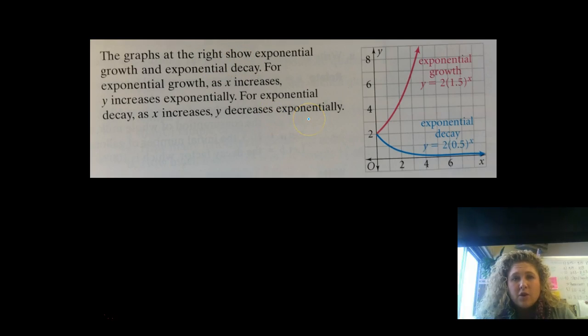This graph shows exponential growth and decay, but we're talking about growth. So understanding that our graph of this equation that we're working on today is going to continuously increase, okay? And with exponential, it's going to increase rapidly or decrease rapidly. So today, growth to start, exponential growth is going to increase rapidly.